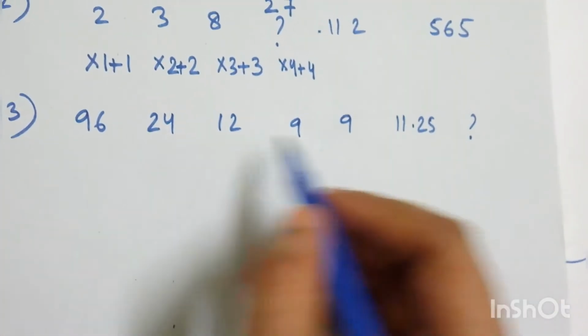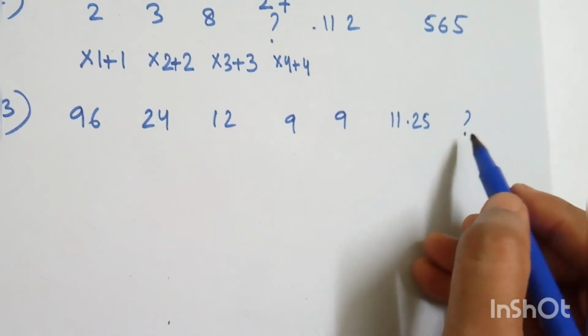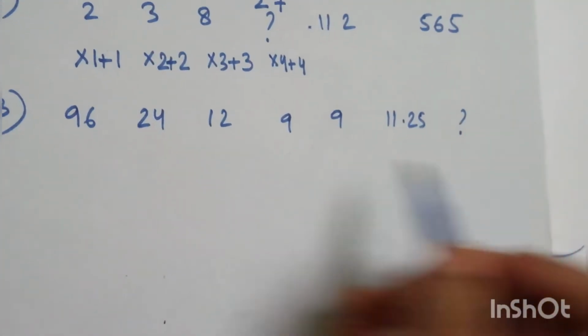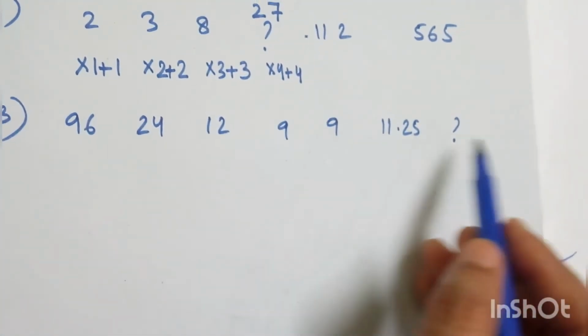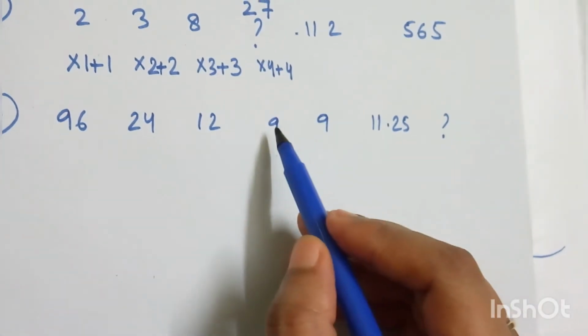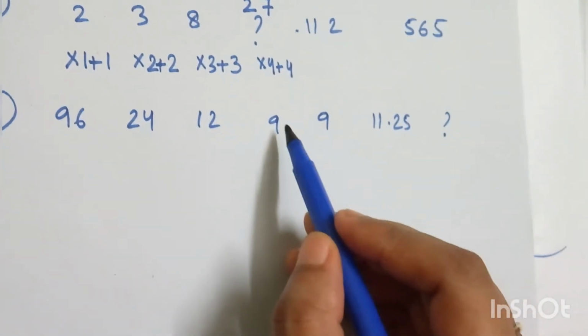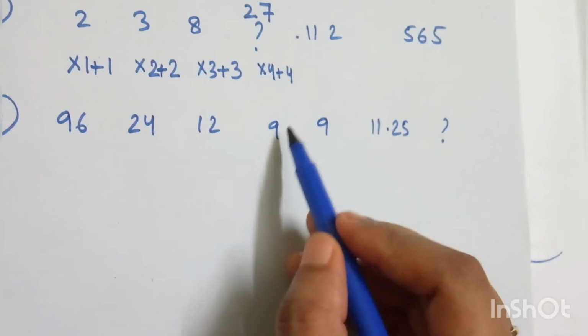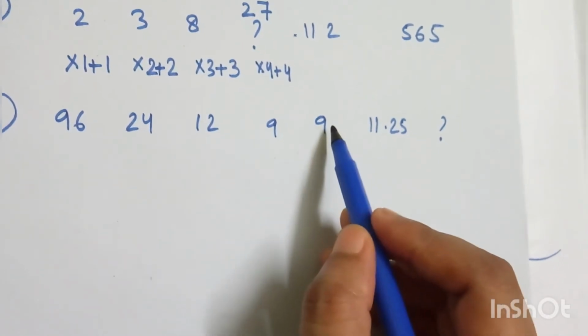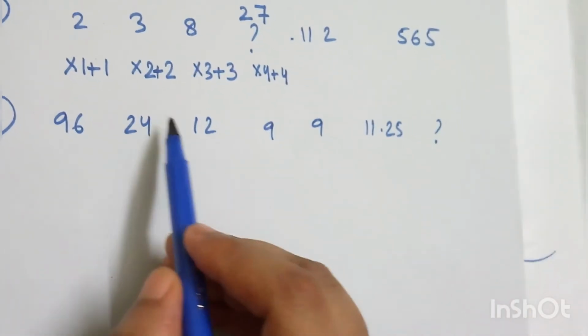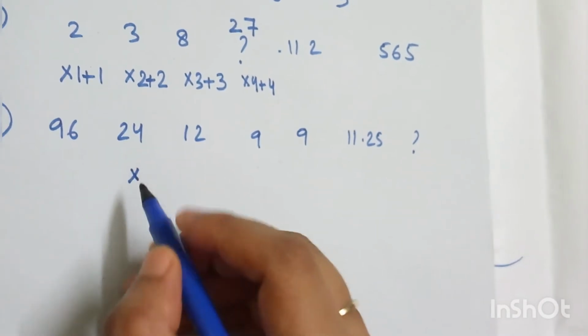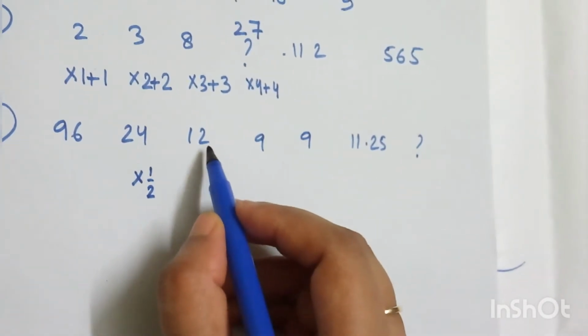The third series is this, find this number. So first check this series, 9 then 9. So if you multiply this by 1 you will get this. And here 24 into half, it is 12.